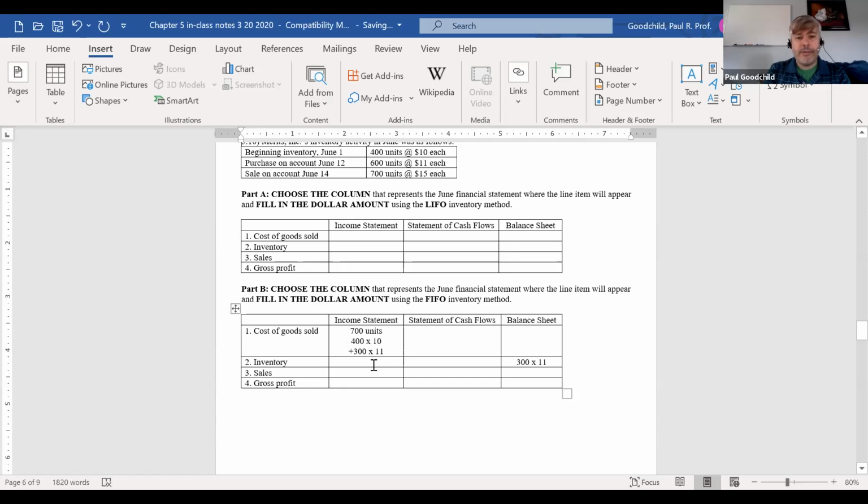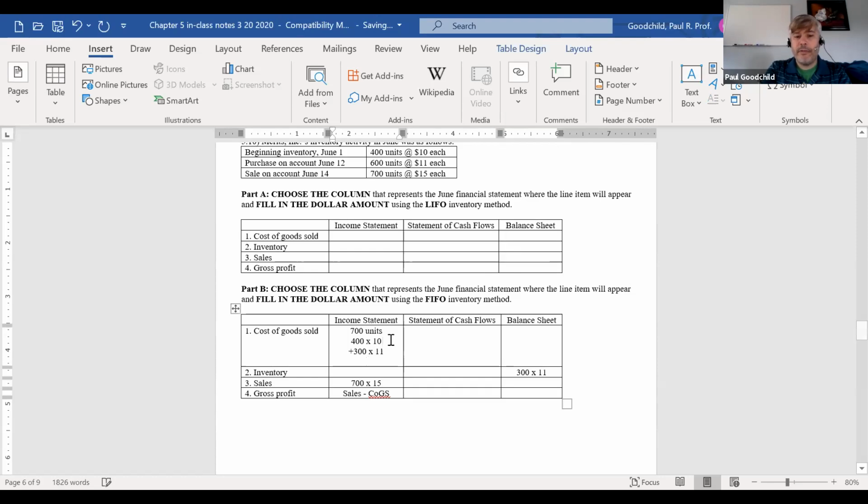All right, sales goes on the income statement, and you sold 700 units at 15. Then gross profit would be the difference between the two. So this is 4,000, and this is 3,300, and so that total would be 7,300.